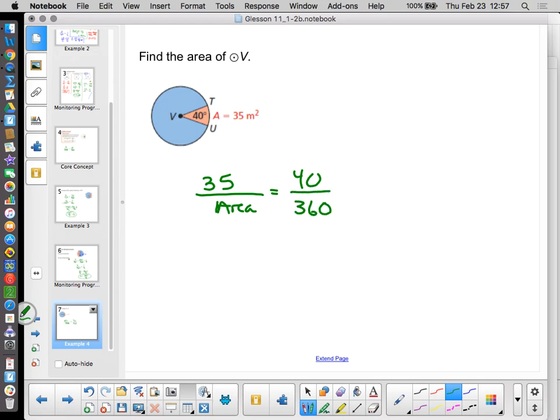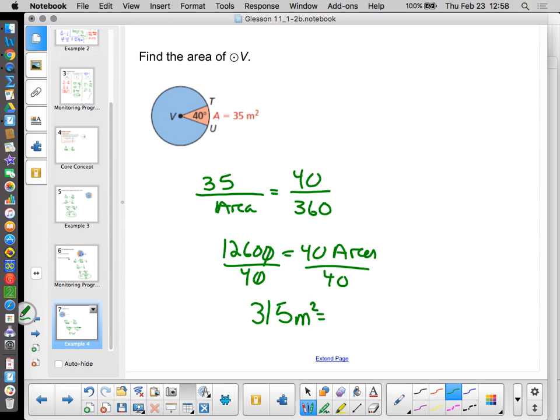Cross multiply that. 35 times 360 is 12,600 equals 40 times the area. Divide by 40. 1260 divided by 4 equals 315 meters squared equals the area.